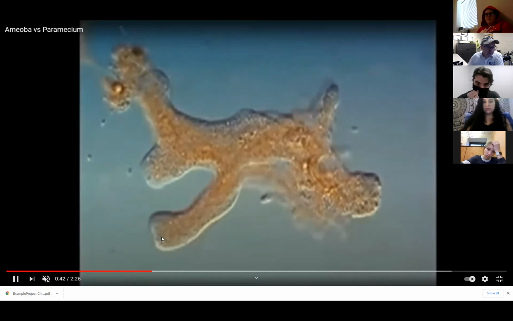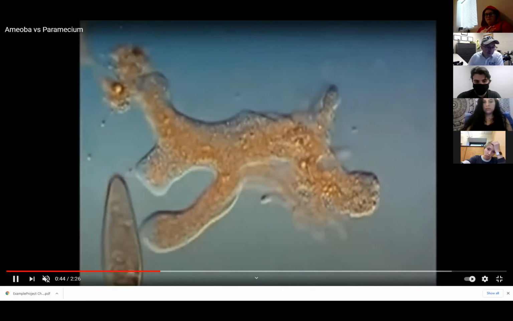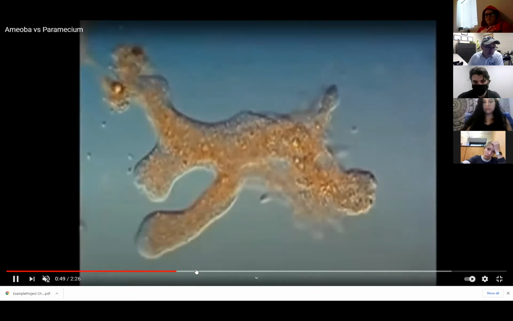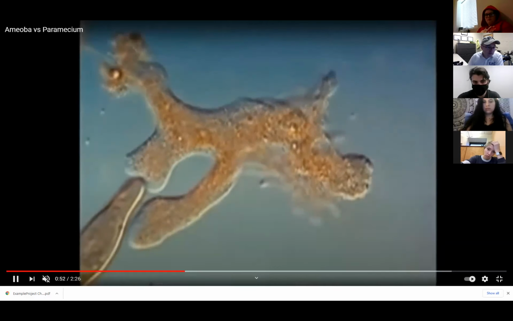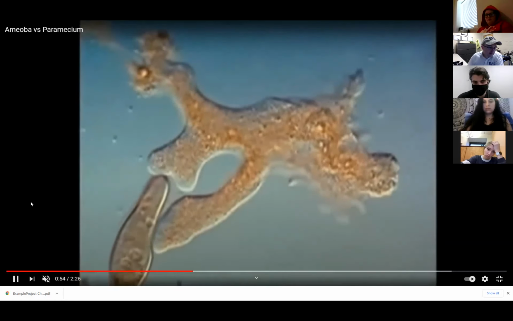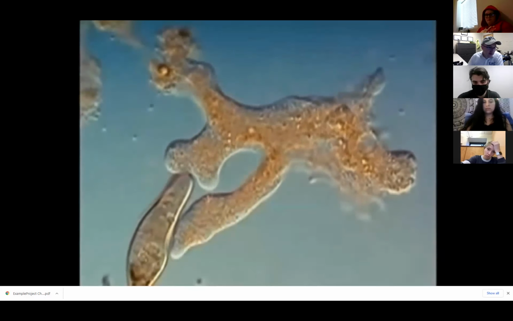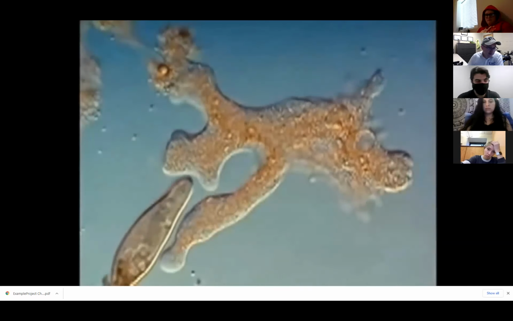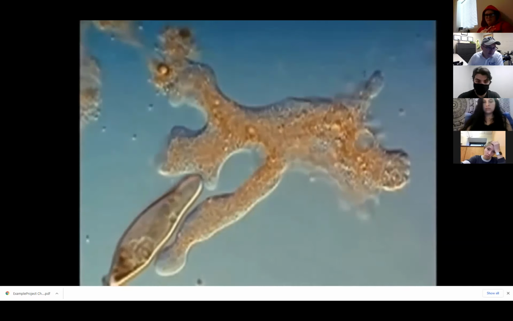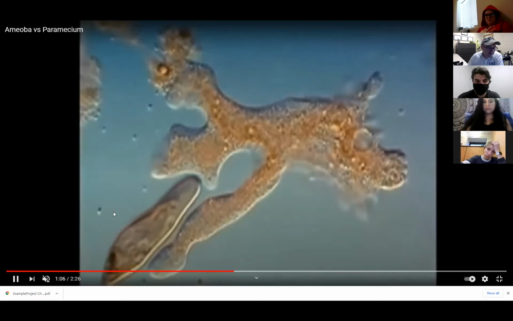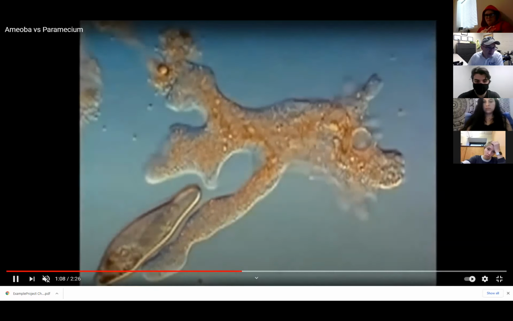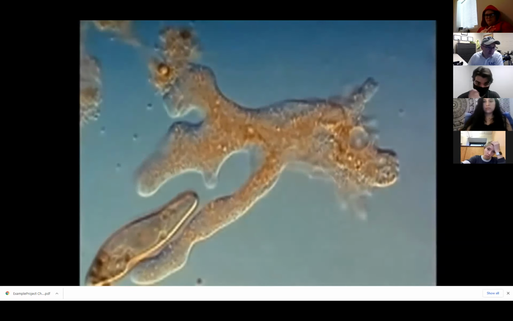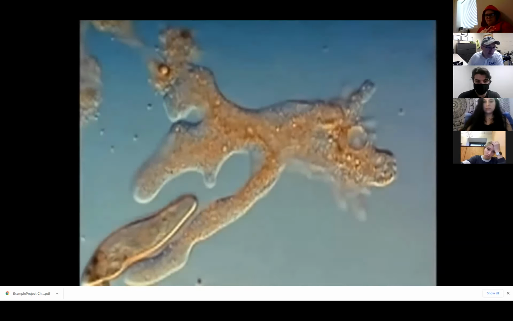The amoeba is headed towards the paramecium, not very fast, it's patient. The amoeba has now kind of caught the paramecium. Oh, it's going to get away. No. The amoeba is moving its membrane around the paramecium. This is endocytosis.